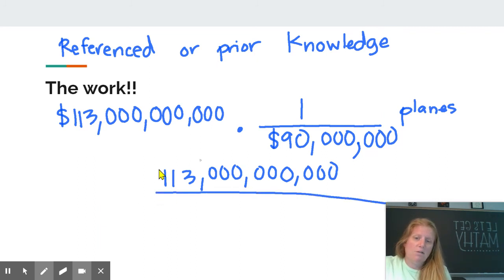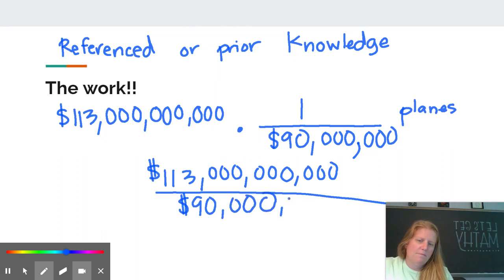So back to the dimensional analysis, right? This is $113 billion. The plane was 90 million. So I want to make sure I have my units in here. That's all we're talking about with dimensional analysis. It's a way to approach a problem by thinking about the units. We need one more set for 90 million.